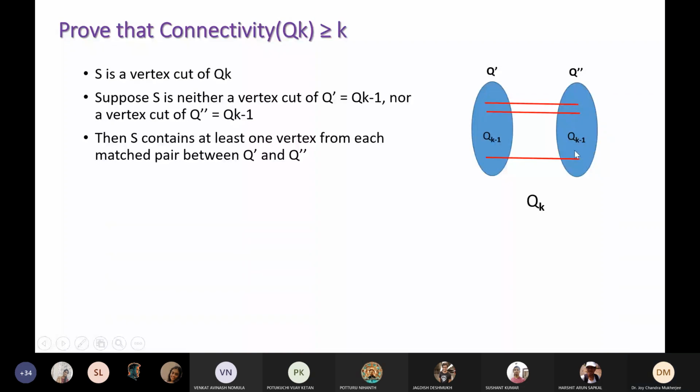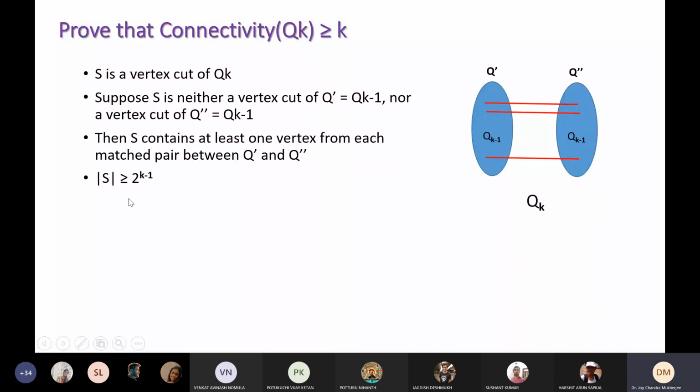In that case, the size of S will be at least 2 to the k minus 1, because there are 2 to the k minus 1 matched edges across, and we have to choose one vertex from each of the edges to create the vertex cut S.